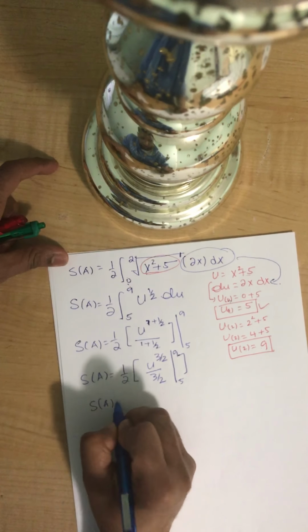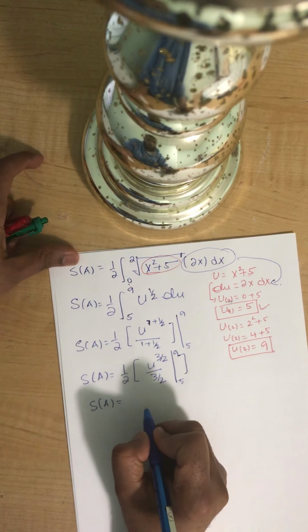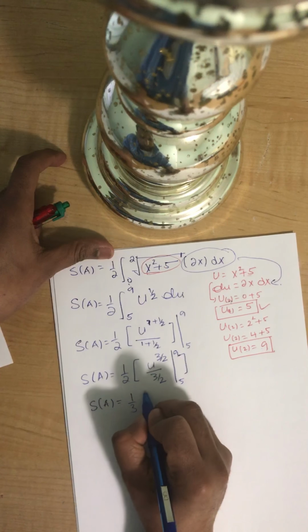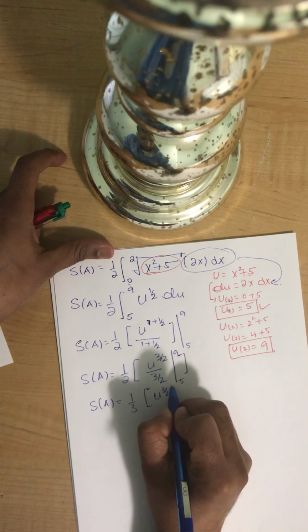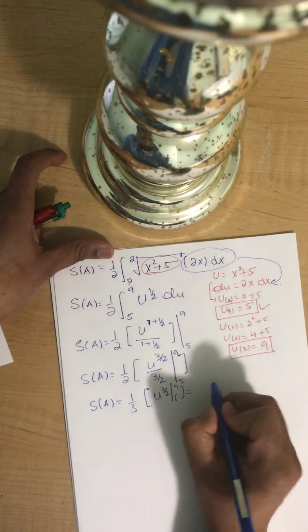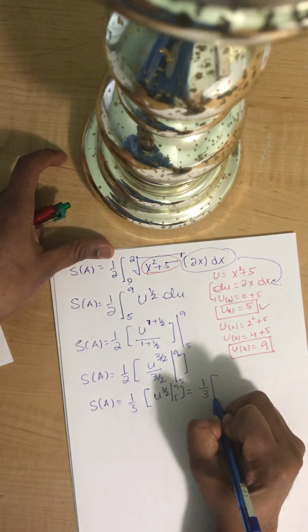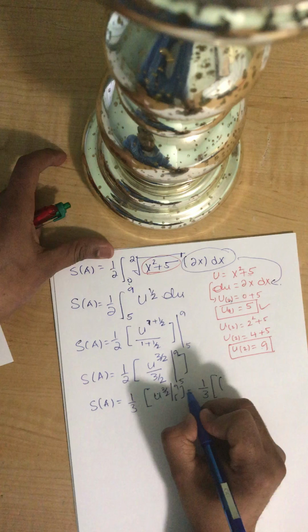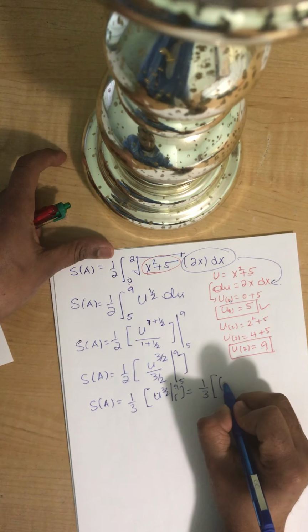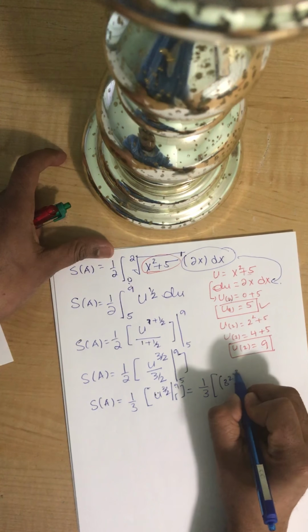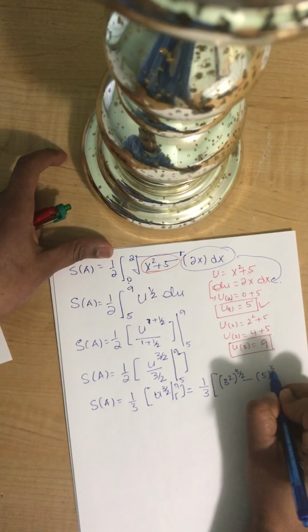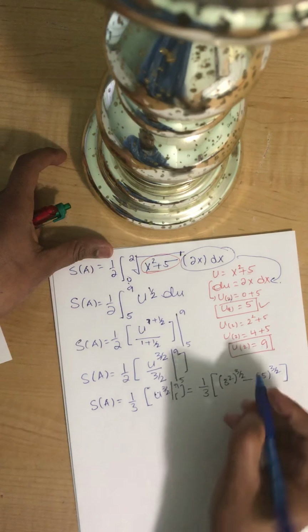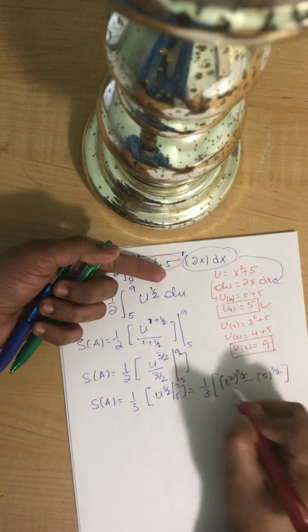Alright, let me rearrange the equation so it will be visible. 1 over 3, u to the 3 over 2, 5 to 9. This will give us 1 over 3. Instead of u, we can substitute 9, which is equal to 3 squared, to the 3 over 2, minus 5 to the 3 over 2. So I can cancel 2 by 2.